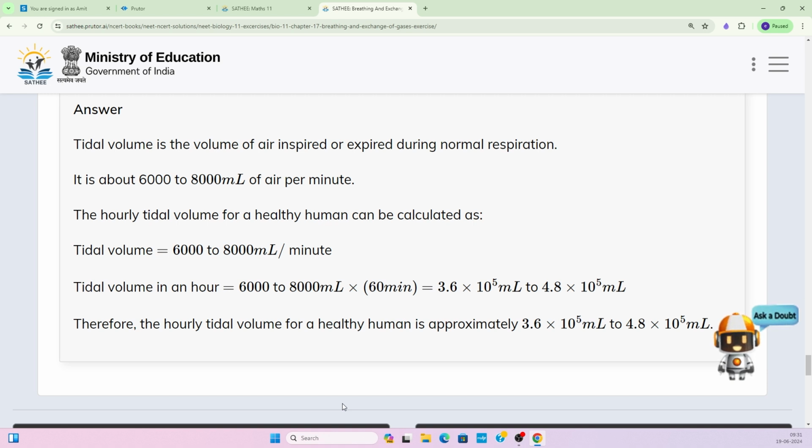That will be 3.6 into 10 to the power 5 ml to 4.8 into 10 to the power 5 ml. Therefore, the tidal volume of a healthy human in an hour is approximately 3.6 into 10 to the power 5 ml to 4.8 into 10 to the power 5 ml. Okay, so this is the tidal volume of a healthy human.